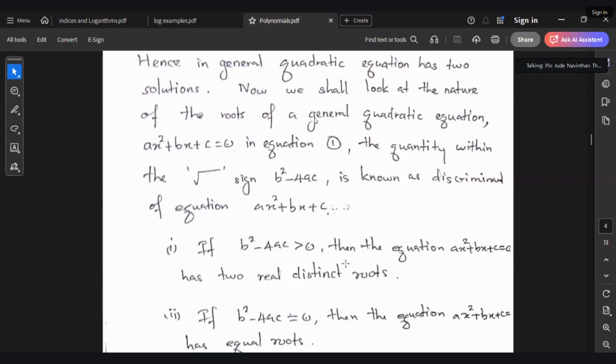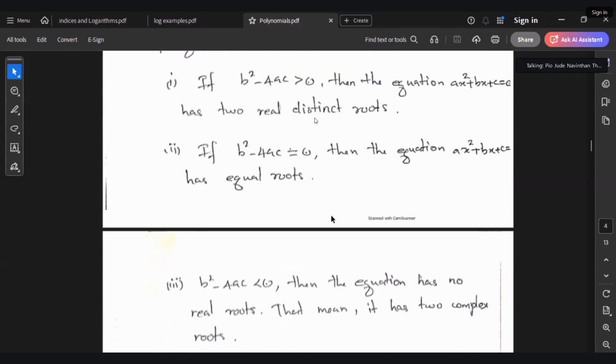Here I mentioned distinct roots. Sometimes b square minus 4ac is equal to 0. Then this equation has the same solution, two same solutions, equal roots. x is equal to 2, x is equal to 2.